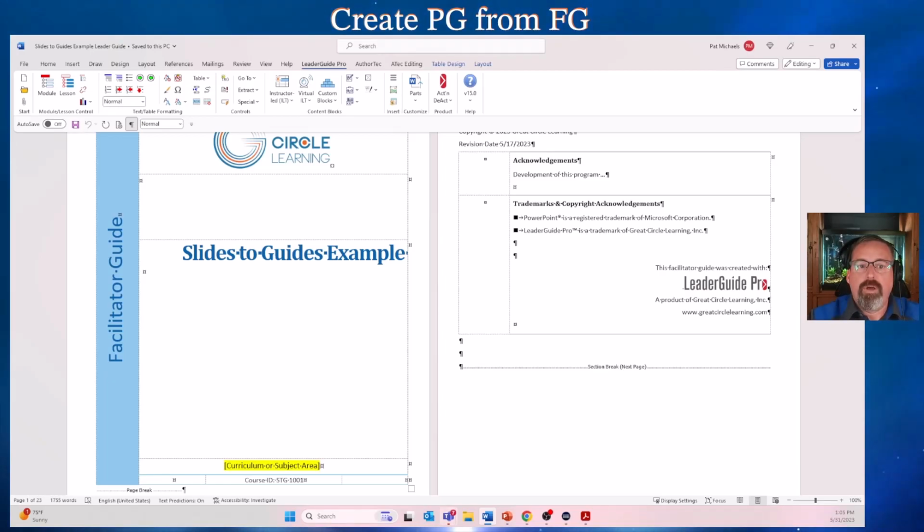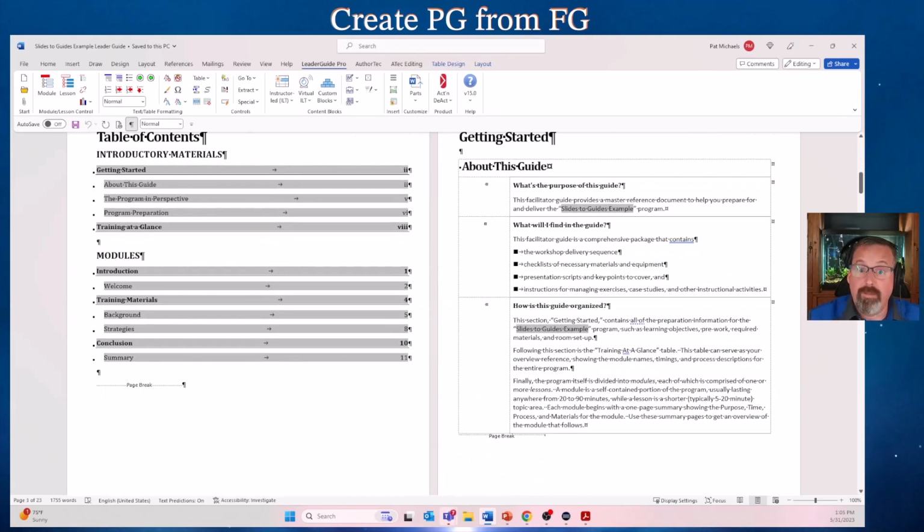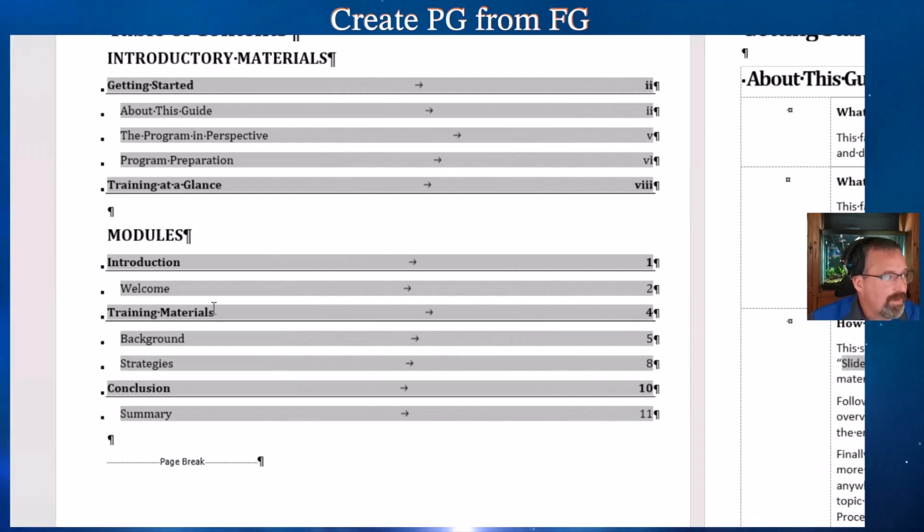All right, but we're looking here at a facilitator guide. It's got all the different pieces that come up within a facilitator guide built by LeaderGuide Pro, and for information about that, we can dive into this later, or we have other videos about that, or we can meet at a later point. The big thing I want to point out on this page is that we have a table of contents.